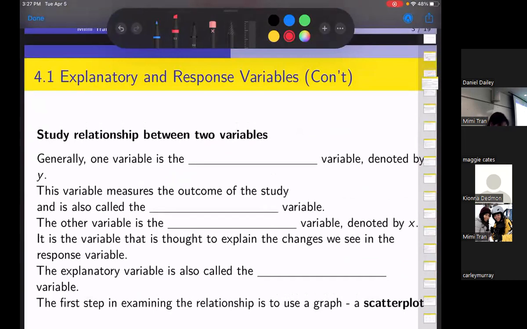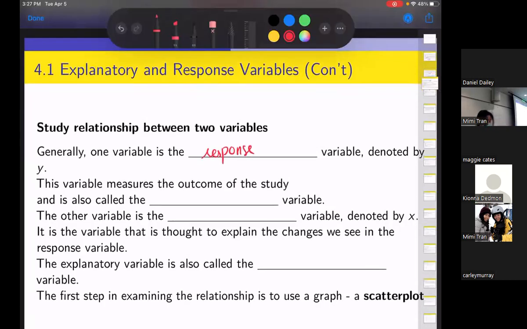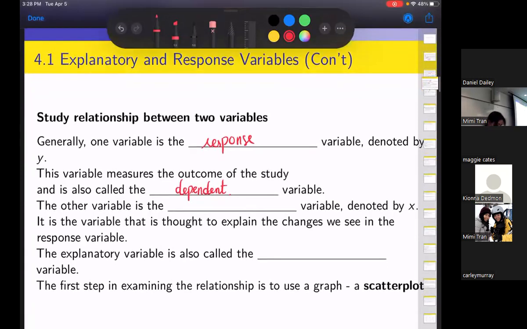So generally, one variable is a response variable, denoted Y, because that's your outcome, right? This variable measures the outcome of the studies, nothing new there, and it's also called the dependent variable because it depends on X. The other variable is the explanatory.